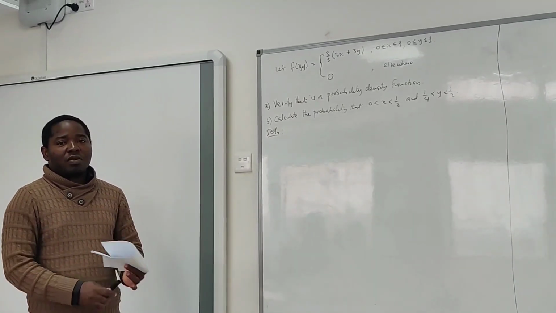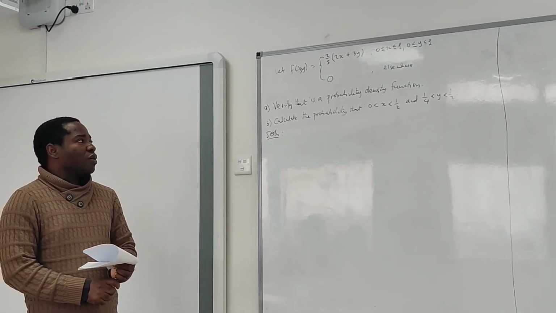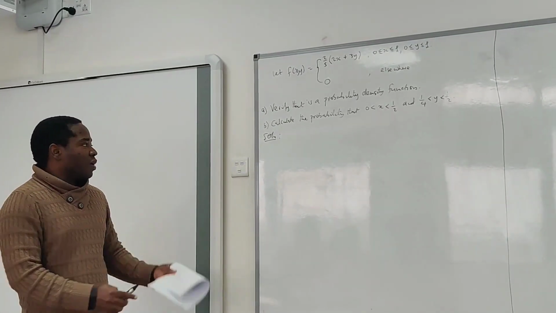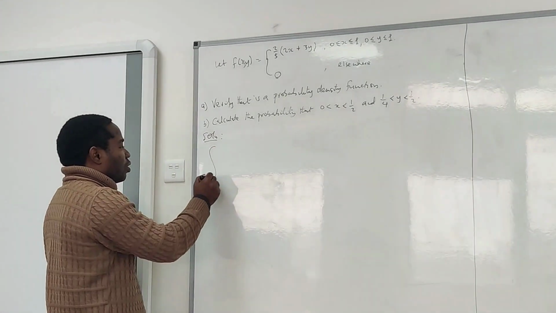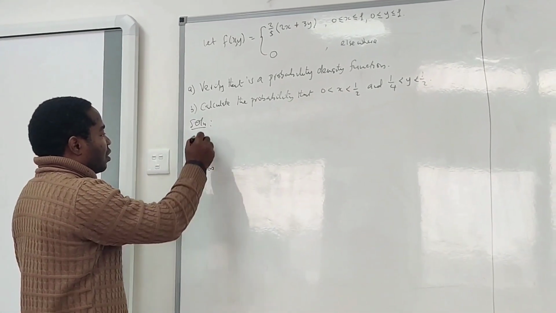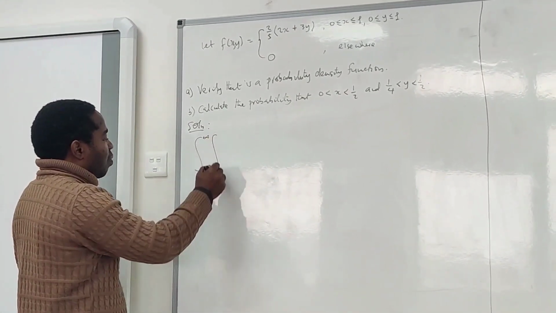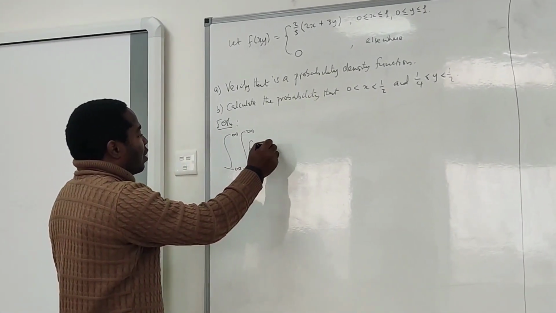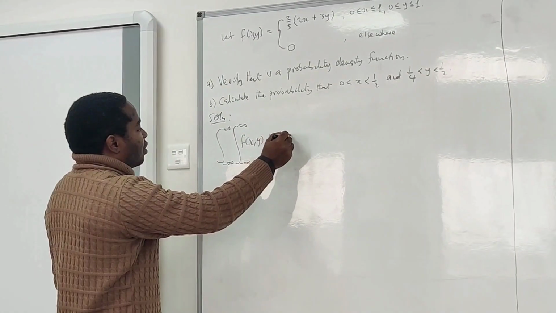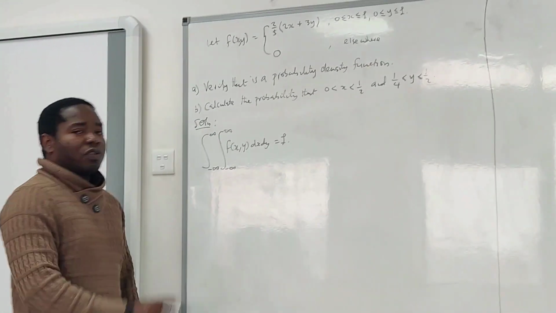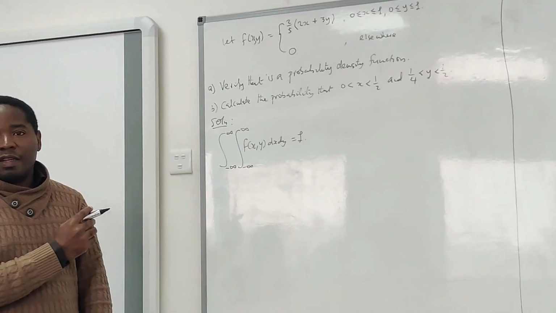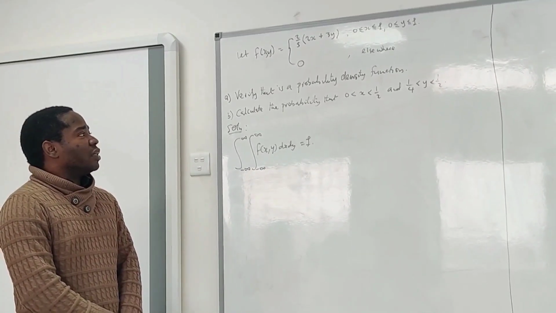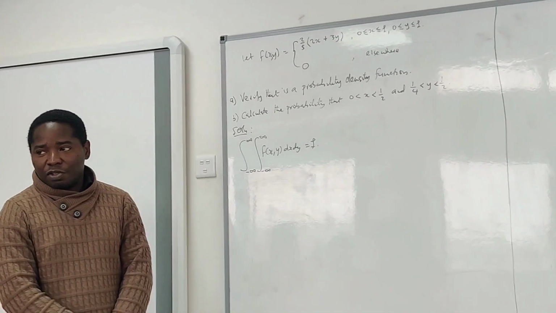Since it's a continuous probability function, to verify that it's a probability density function, we are going to make use of the condition: the integral from minus infinity to infinity, and minus infinity to infinity, of f of x, y, dx dy, is equal to 1. If this condition can be satisfied, then we conclude that the function we have on board is a probability density function.